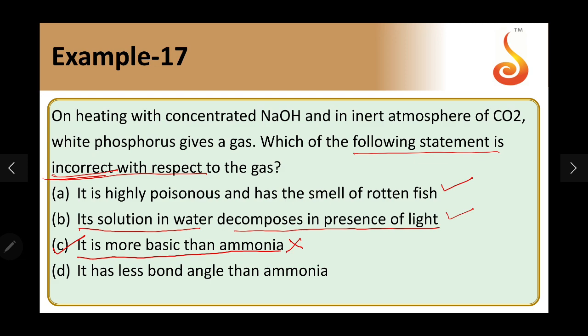Because pure p orbitals are involved, they are oriented perpendicular to each other, so the bond angle will be close to 90 degrees. But in case of NH3, the bond angle is around 104 to 107 degrees. So bond angle less than ammonia is a correct statement. So the wrong statement is only C, and that is the answer for the given question.